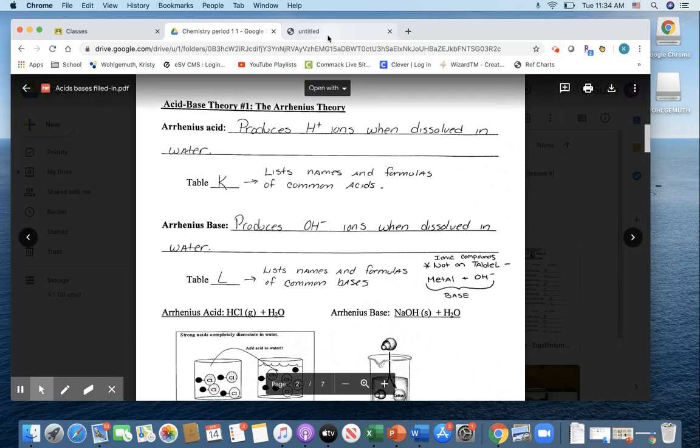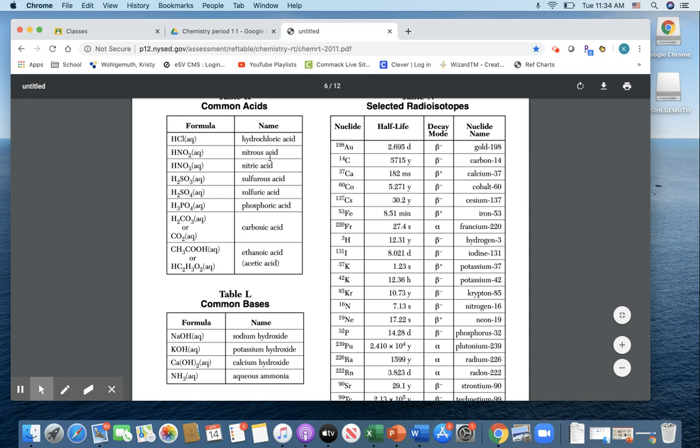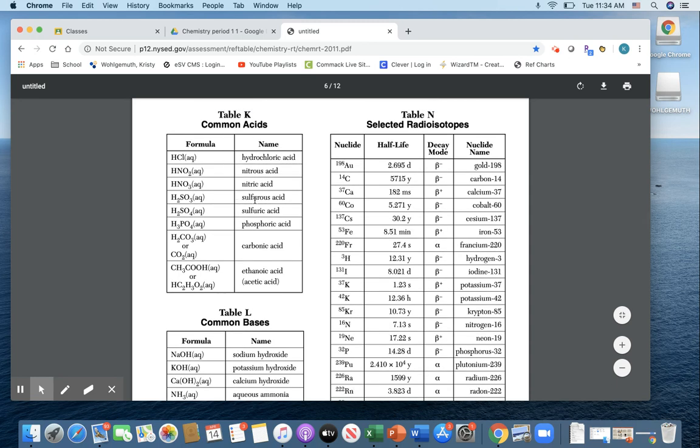So if we take a look at table K, we have a list of common acids. And if you notice, most of them have H's as the positive ion or as the cation in that formula.